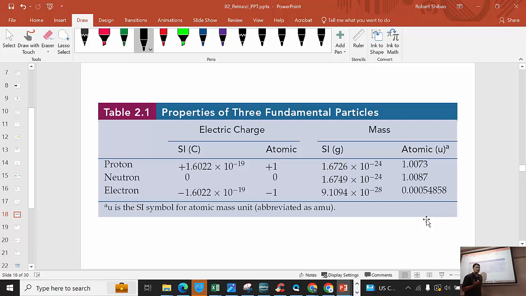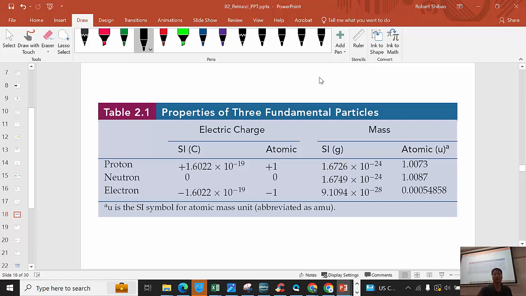Okay, now how do we relate U and grams? It's easy. Do you know the conversion for U to gram, or grams to U? The relationship turns out to be pretty easy, and you're on the right track there.